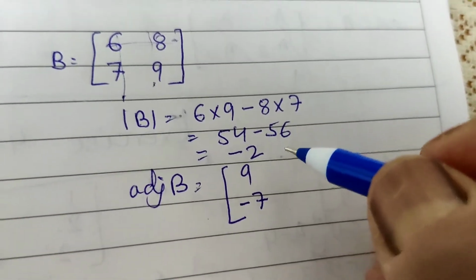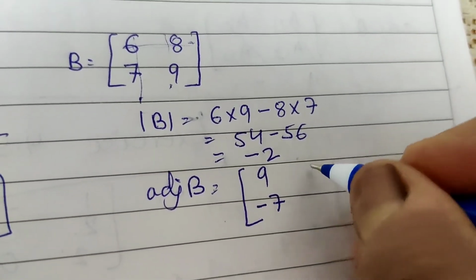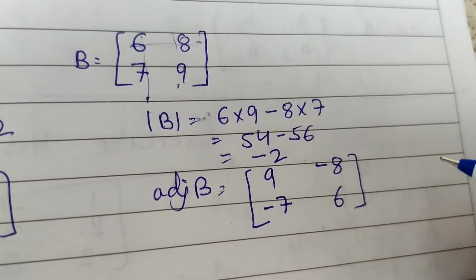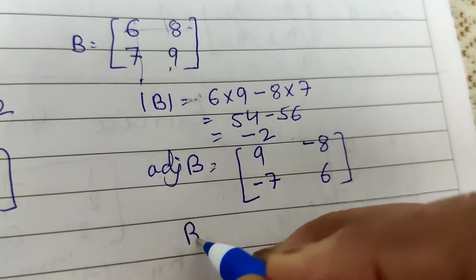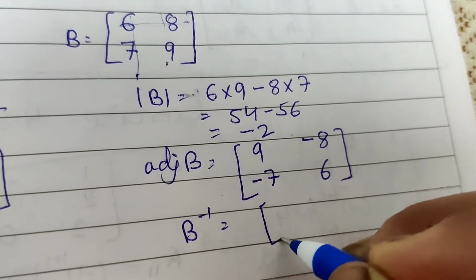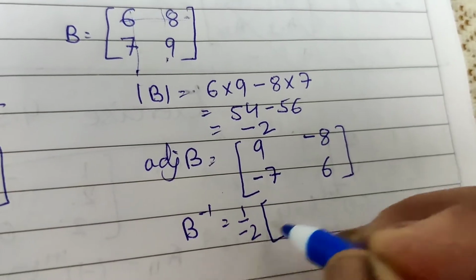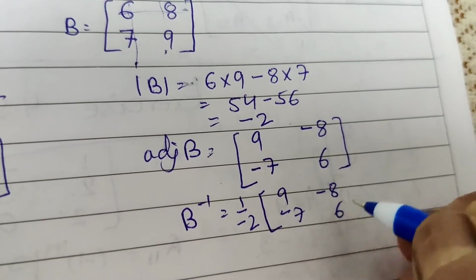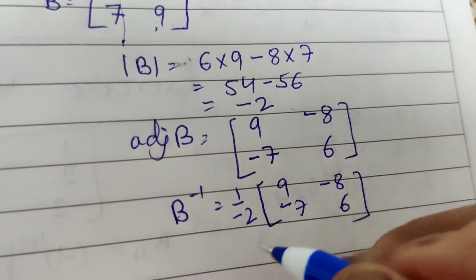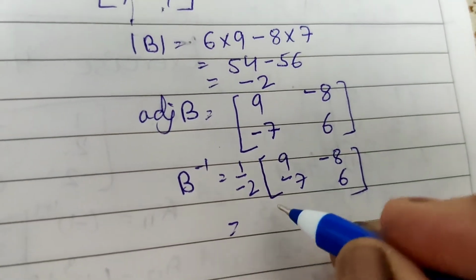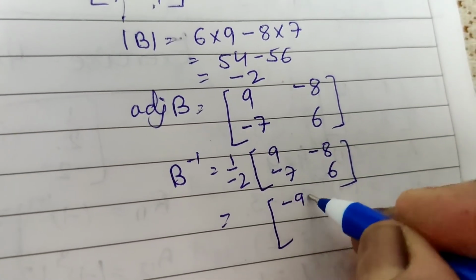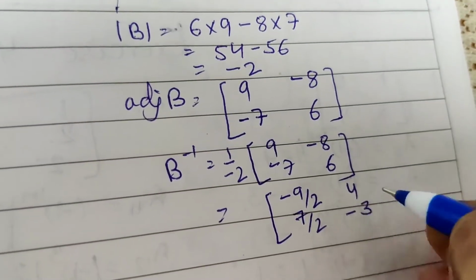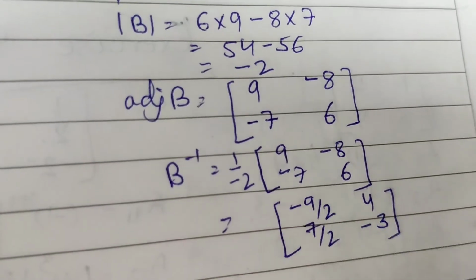And A21, second row, first column, it is minus 8. And the last is 6. And B inverse equals 1 by minus 2 times 9, minus 7, minus 8, 6. If we multiply by minus 2, it is minus 9 by 2, 7 by 2, 4 and minus 3. Okay, this is the B inverse.